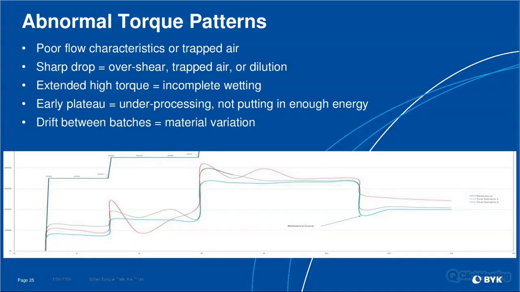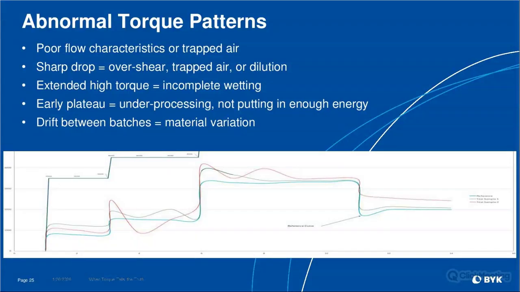I'm not exactly sure what material was being run here or what caused that, but these are the kind of things that happen when the material drops in its viscosity. Maybe there's air. It's not a vacuum application, but you see how the graph really responds and gives you an idea what's going on inside the vessel.